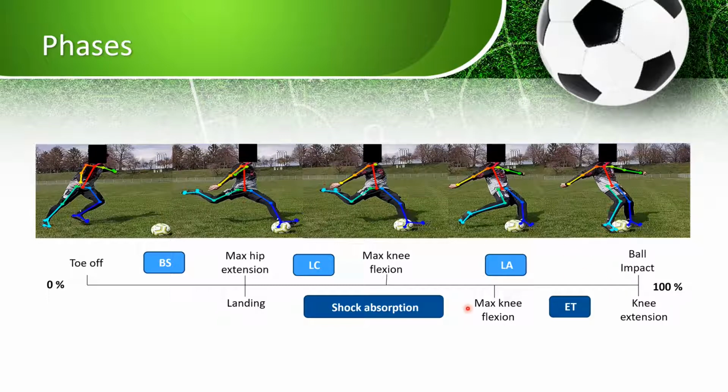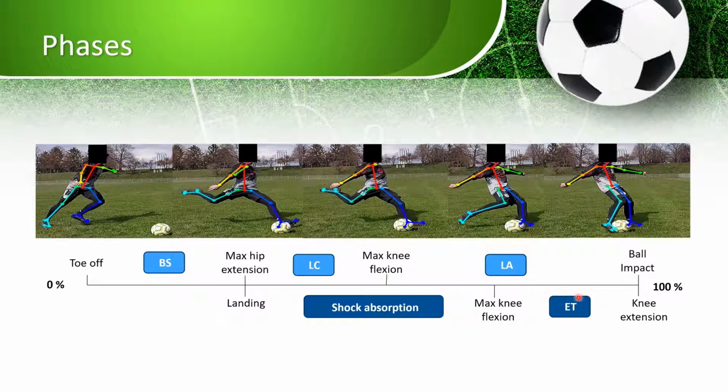Then let's look at the supporting leg. You flex the knee for shock absorption, and what's gonna happen after is you extend the knee to transfer the mechanical energy from the supporting leg to the swing leg. It's so interesting because this event actually overlaps the leg acceleration, and while you are absorbing the shock, it actually negatively influences the acceleration of the swing leg.